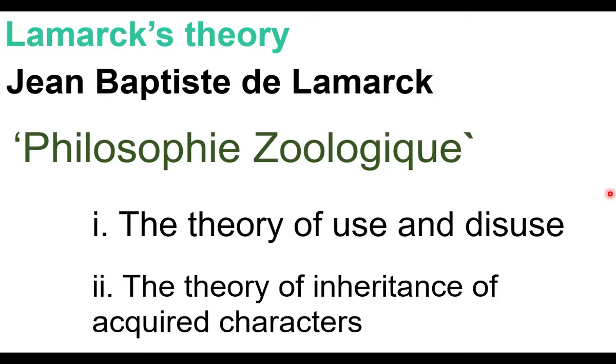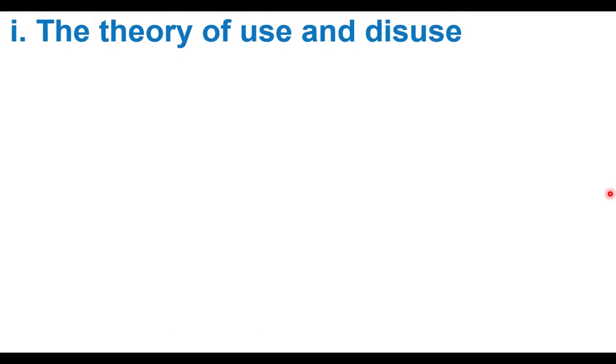Lamarckism explains evolution. Evolution needs change in an organism. Because of the changes, more and more complex organisms evolve from simpler previous forms. Use and disuse cause changes in the organism.